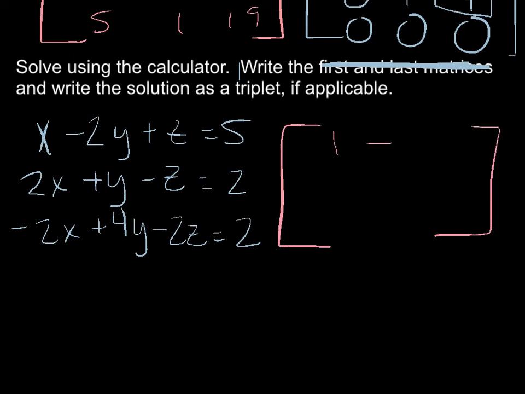So 1, negative 2, 1, and 5. 2, 1, negative 1, and 2. And negative 2, 4, negative 2, and 2. This is a 3 by 4, so when you go into matrix, make sure you change your dimensions so that you can plug in all of your entries. So 1, negative 2, 1, and 5, 2, 1, negative 1, 2, negative 2, 4, negative 2, and 2.